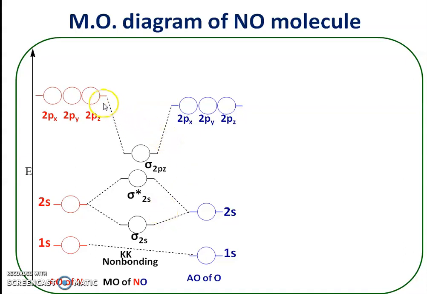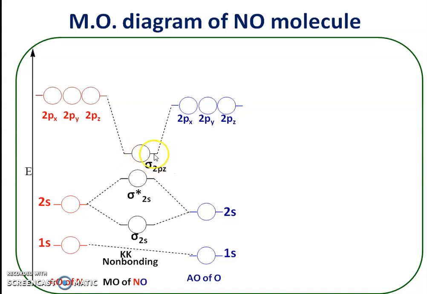Similarly, the in-phase combination between two 2pz atomic orbitals of nitrogen and oxygen results in the formation of a bonding molecular orbital, that is sigma 2pz. Actually, the 2pz orbital is oriented along the internuclear axis, as I explained in the previous video.